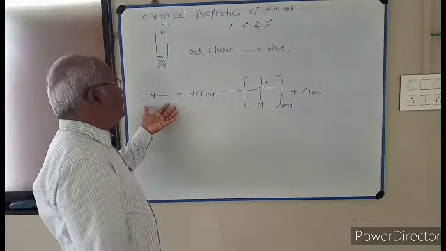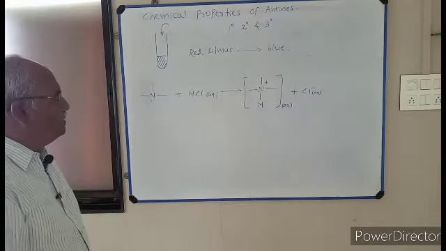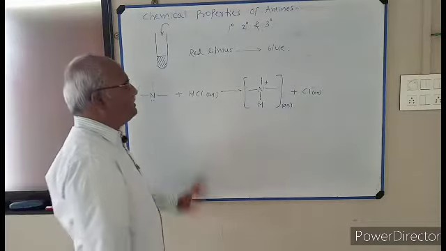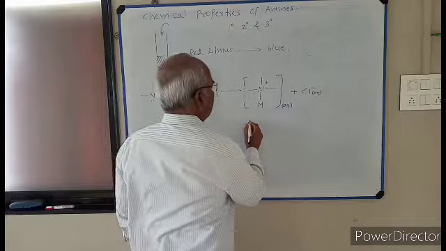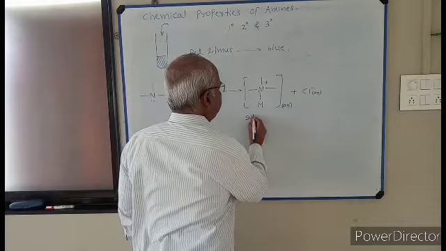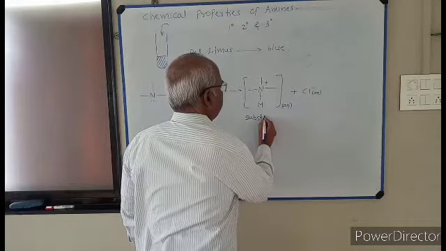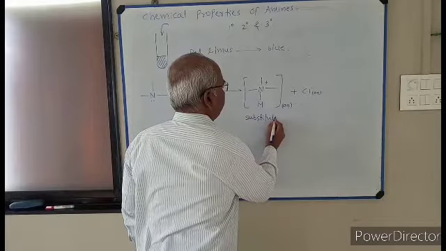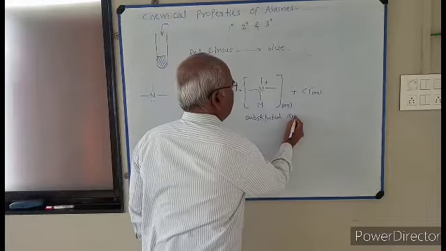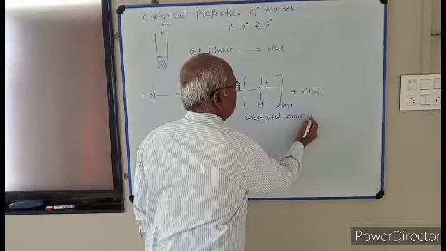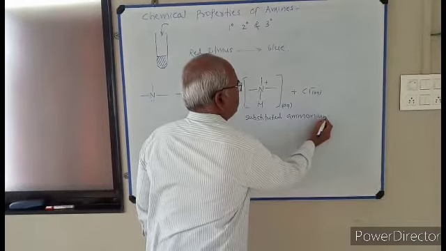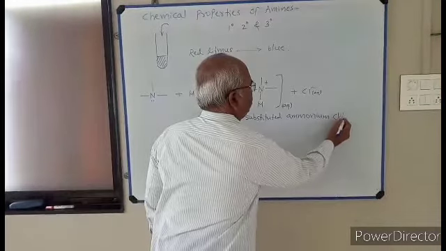Primary, secondary or tertiary amine dissolves in HCl to produce substituted ammonium chloride.